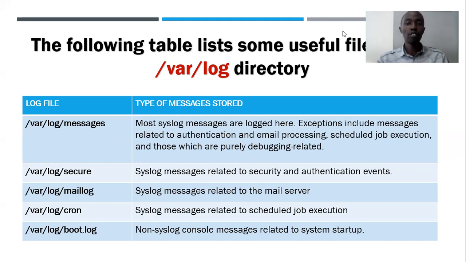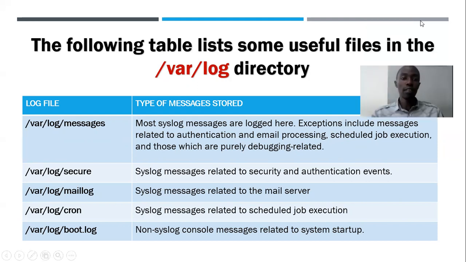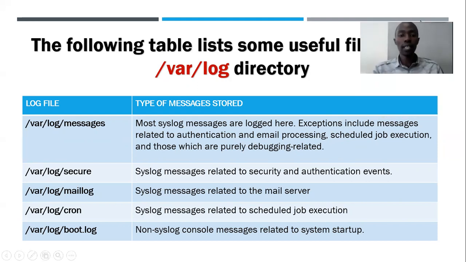So the following table lists some useful files in the /var/log directory. When you open that particular directory, you will be in a position to view around 5. We have, for example, /var/log/messages. That is 1.